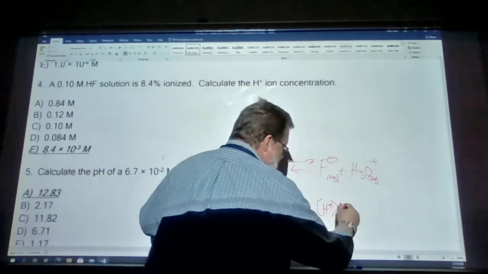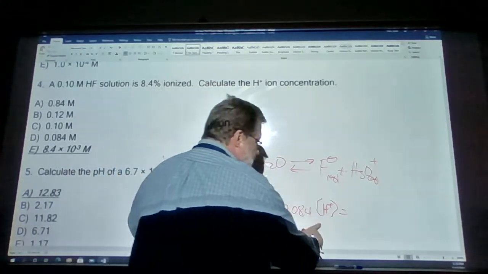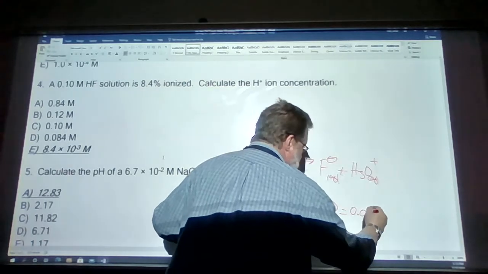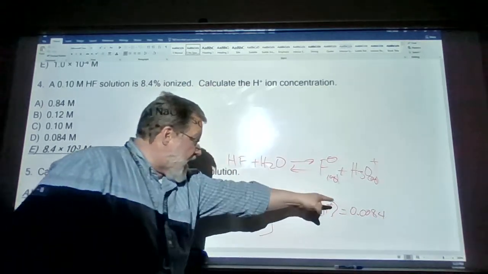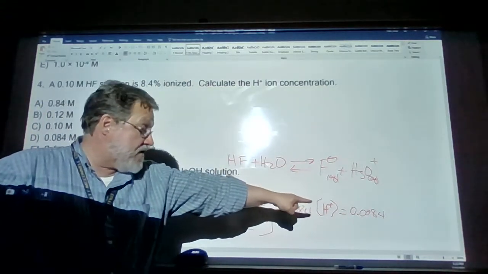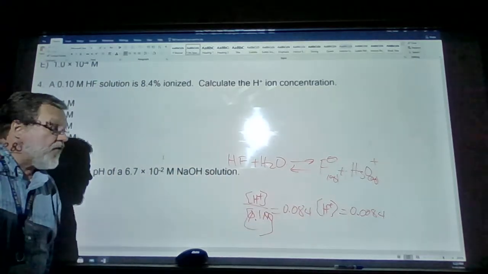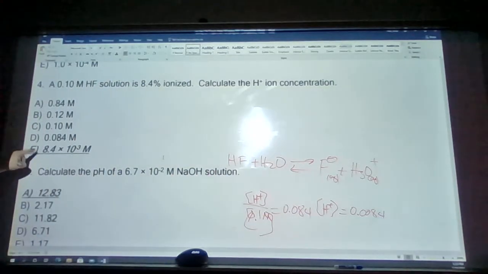We move the decimal point one more to the left, 0.0084. That is expressed in scientific notation as 8.4 times 10 to the minus 3. Answer E.